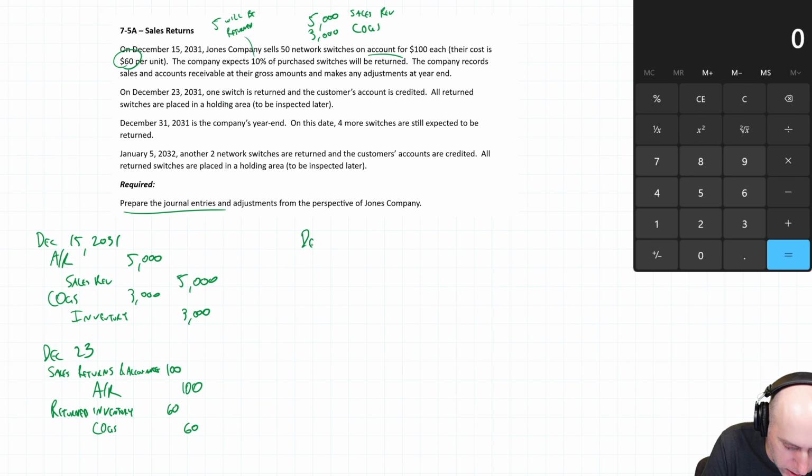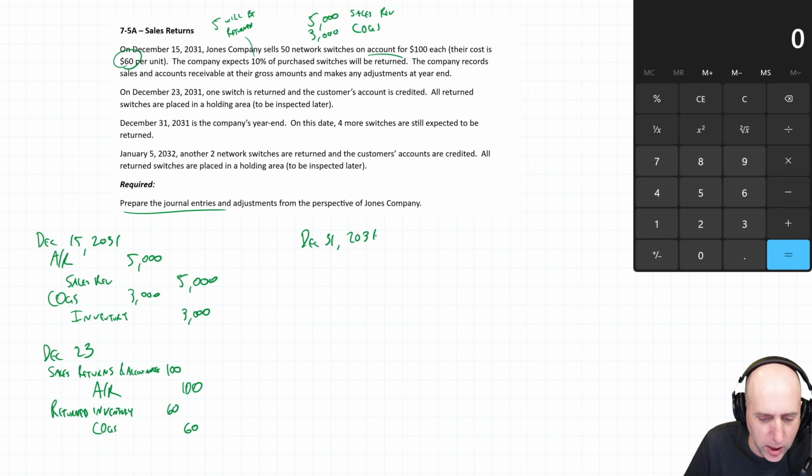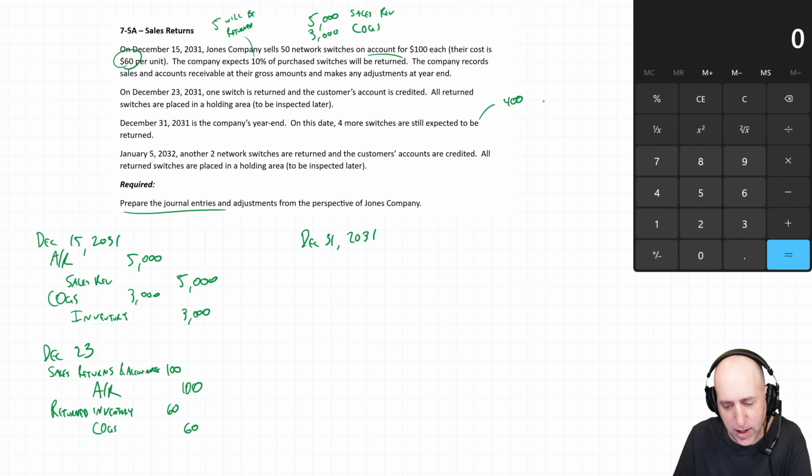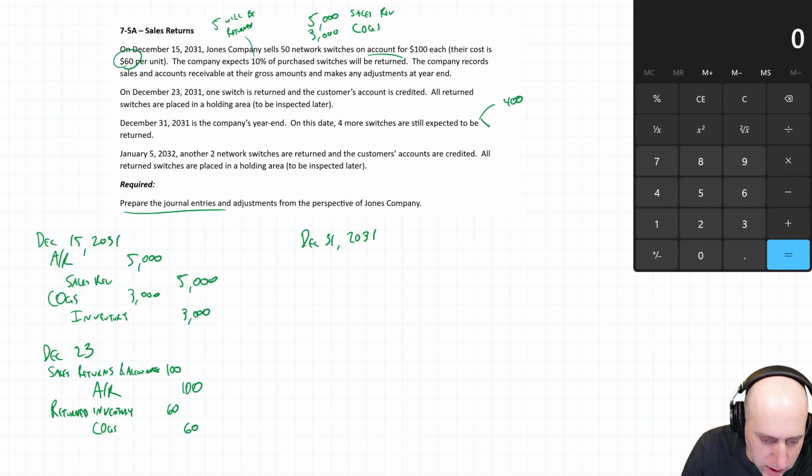So on December 31st, 2031, we think there are 4 more returns coming. Let's do the math on that. We think we're going to have to credit a client's account for $400. $400 in credit is going to be granted. It's 4 times 100, which is 400, the credit to their account.